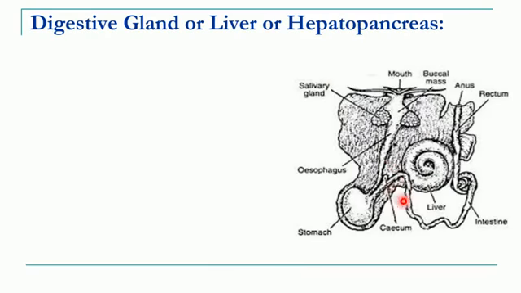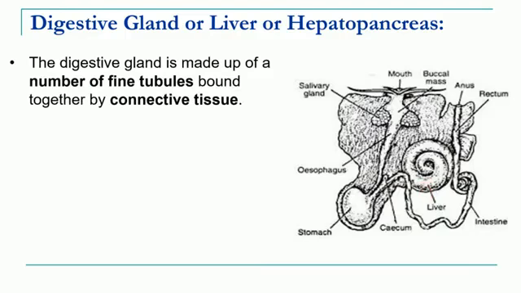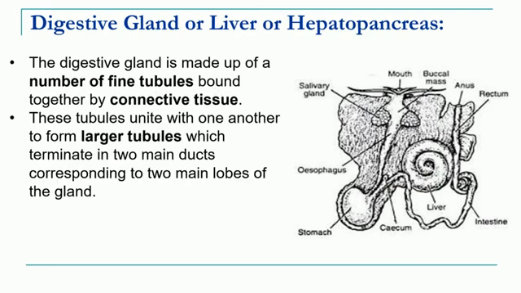In this diagram you can see this liver or digestive gland or hepatopancreas. This digestive gland is made up of a number of fine tubules which are bound by connective tissue, and these finer tubules further unite to form larger tubules, which then terminate into the main ducts, so two ducts, and these ducts again combine before reaching the stomach.